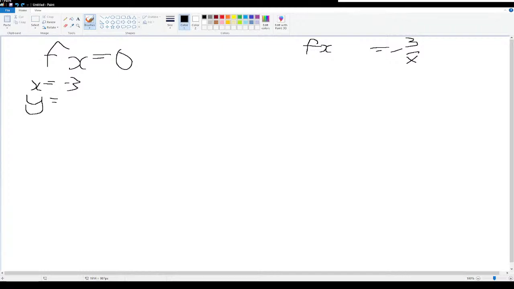Okay, so I did something wrong, because the answer to this isn't a negative 3. So let's try and figure that out.